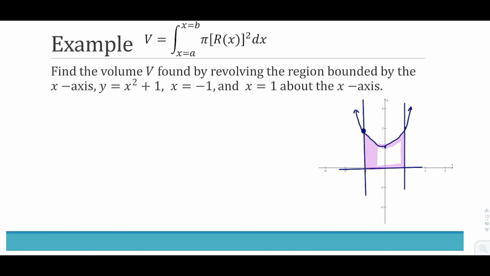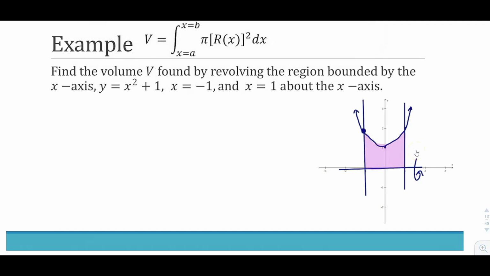And I would always recommend sketching the region, and if you have one, using a highlighter to highlight the region that we're rotating. So we're rotating this region around the x-axis, so I like to use a little circular arrow to indicate what line we're rotating around. So now the cross-sections are going to look like circles.